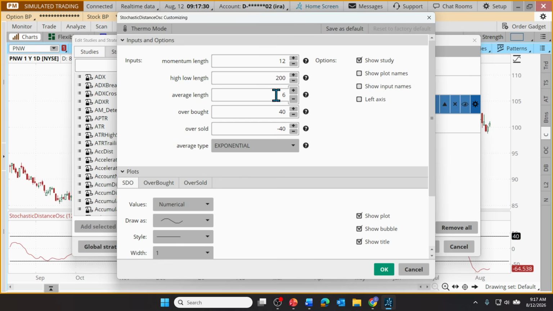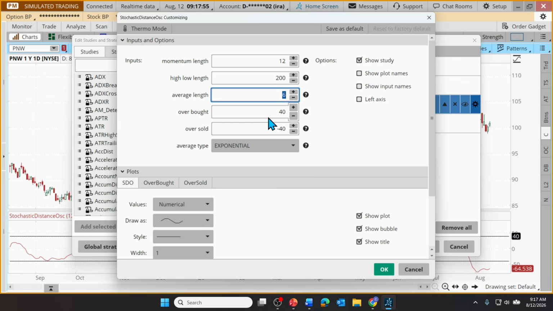So Vitaly also introduced a smoothing mechanism. He applies a 6-day exponential moving average to this average price over time, and that gives us a smoother presentation on our stochastic oscillator. And then finally, using his own algorithm, he generates what he calls an overbought and oversold range.